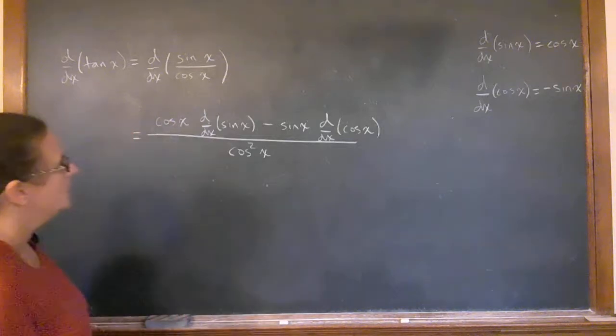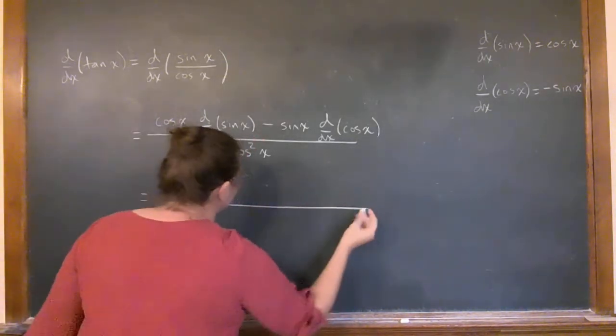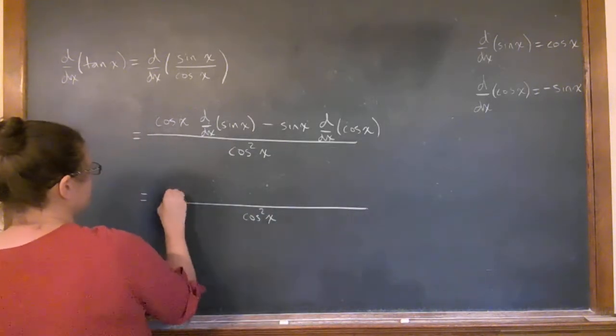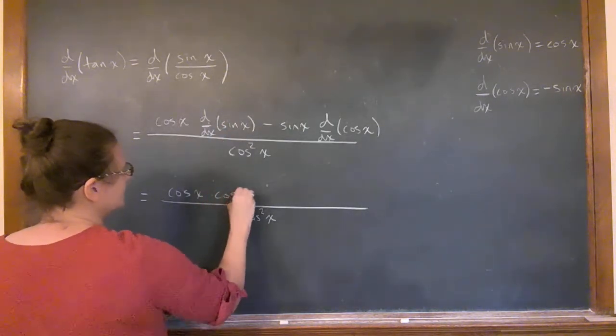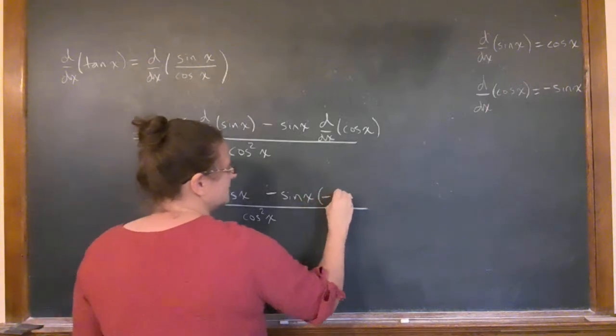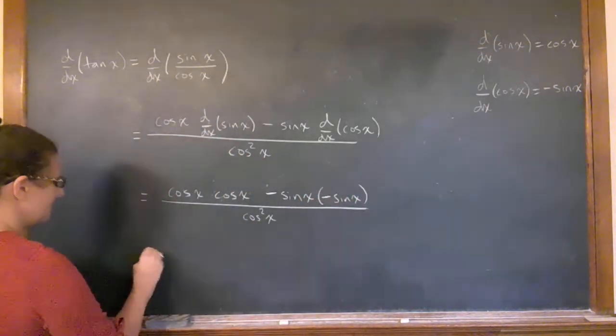Okay? Now we know these, so we can just plug it in here. This is cosine squared x. This is going to be cosine x, derivative of sine is cosine, so another cosine, minus sine, the derivative of cosine is negative sine.